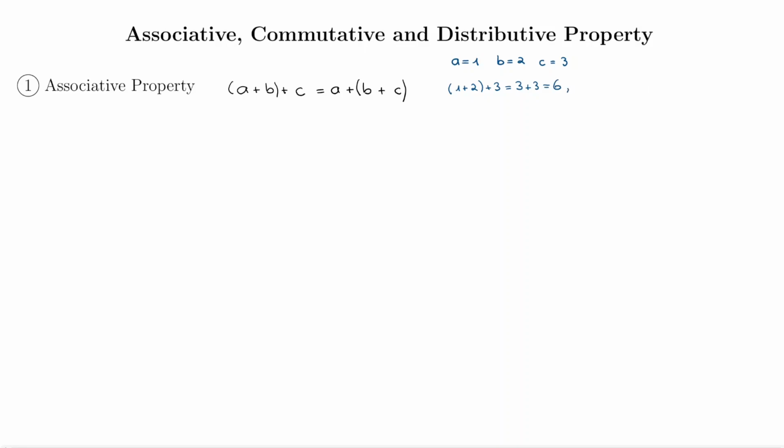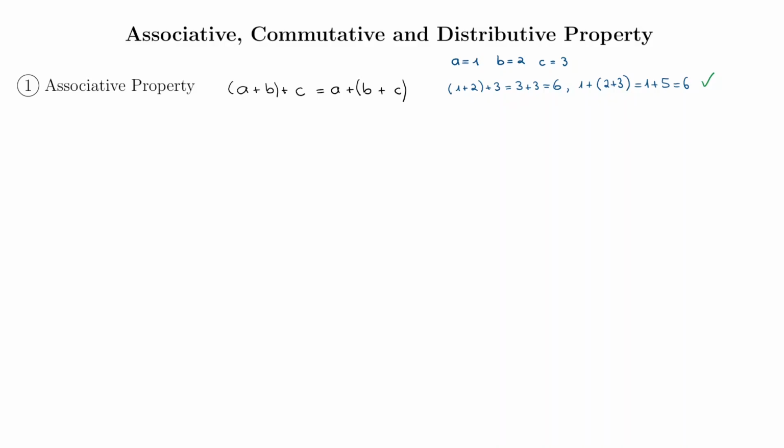Okay, and this should be the same as the right side, which would mean 1 plus opening bracket 2 plus 3, which is 1 plus, and then we sum up those two, 2 plus 3, which is 5. So we have 1 plus 5, which is 6. And now we see 6 and 6. So the left and the right side are the same.